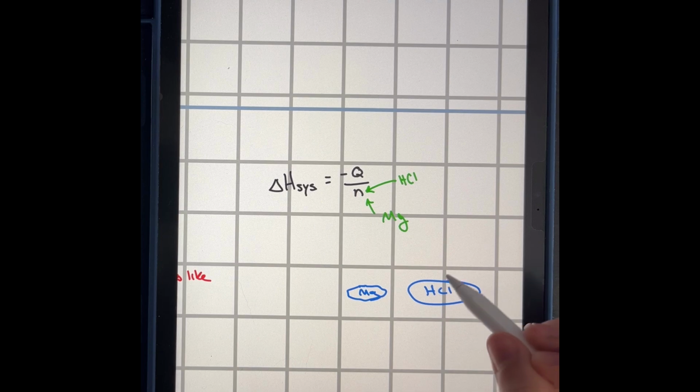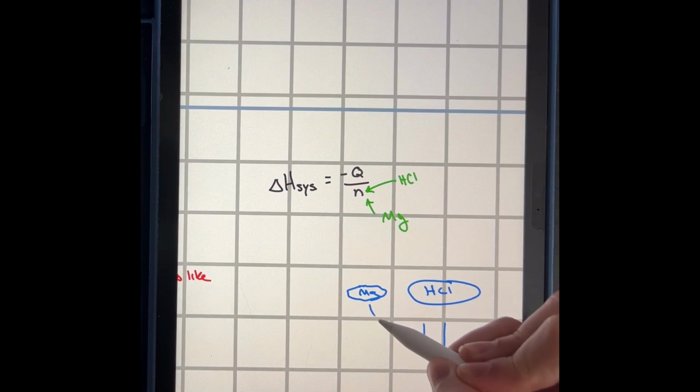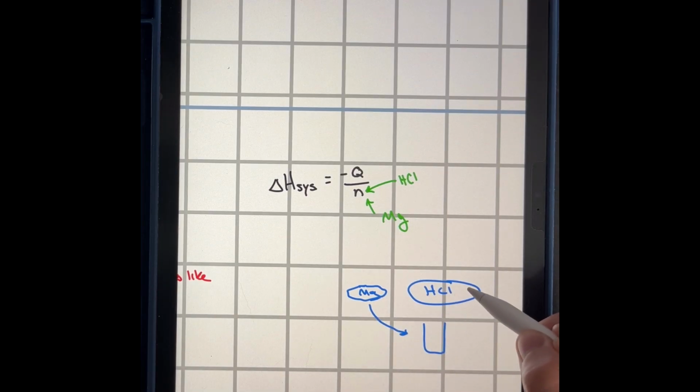If I want to put these in equal amounts, I need to be sure that my Mg goes in first because it's less, right? And then that means that I will be left over with a little bit of HCl. That's the best way I can explain it.